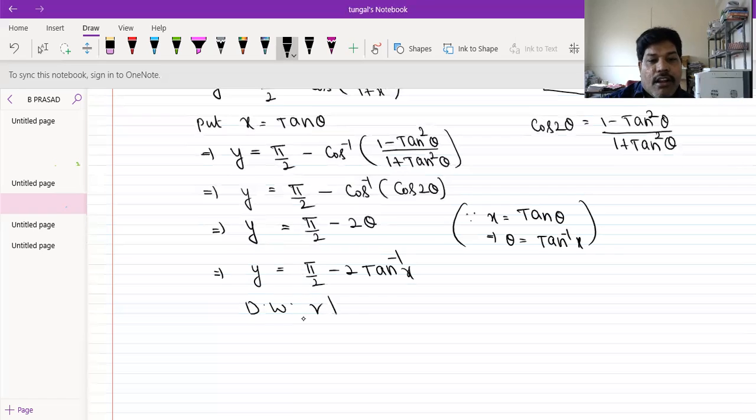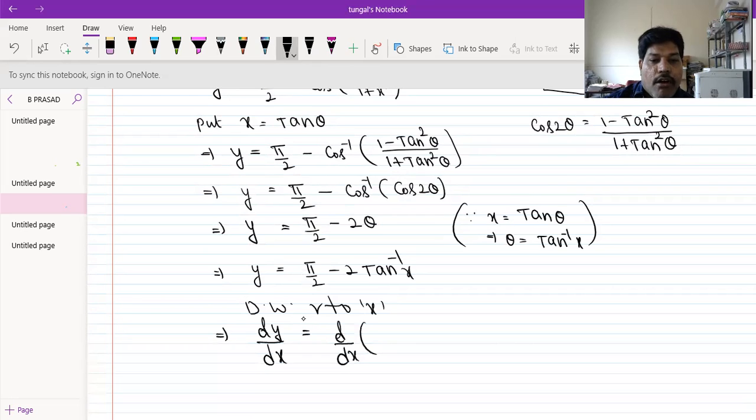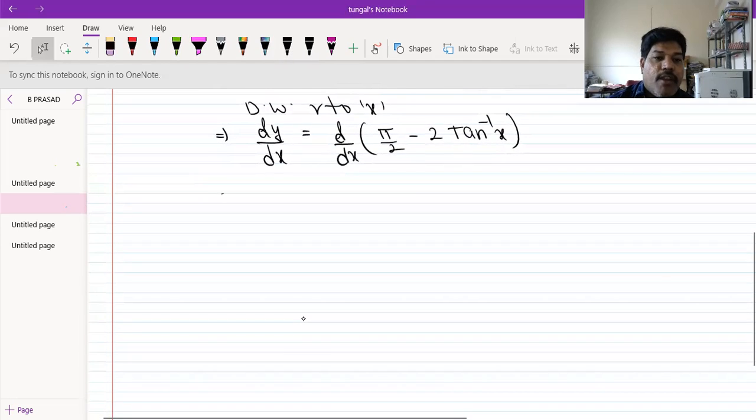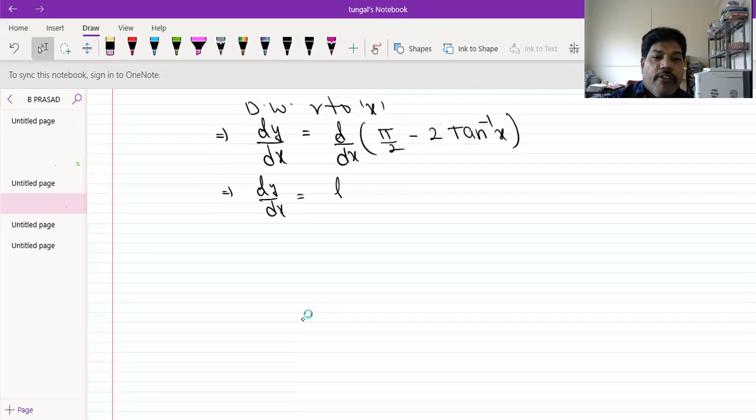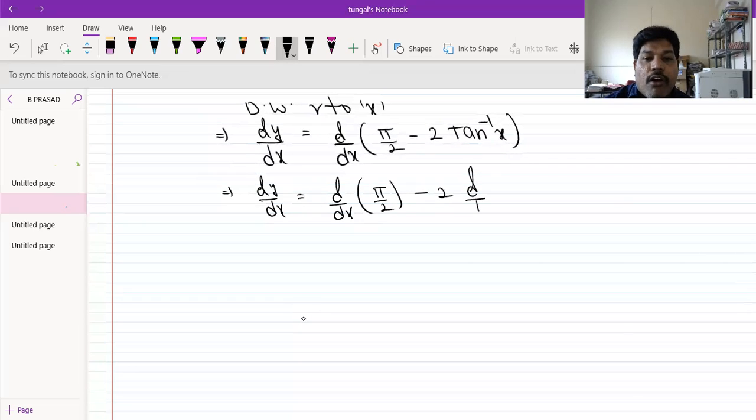Differentiate with respect to x. So dy by dx is equal to the derivative of pi by 2 minus 2 tan inverse x, which is the derivative of pi by 2 minus 2 into the derivative of tan inverse x.